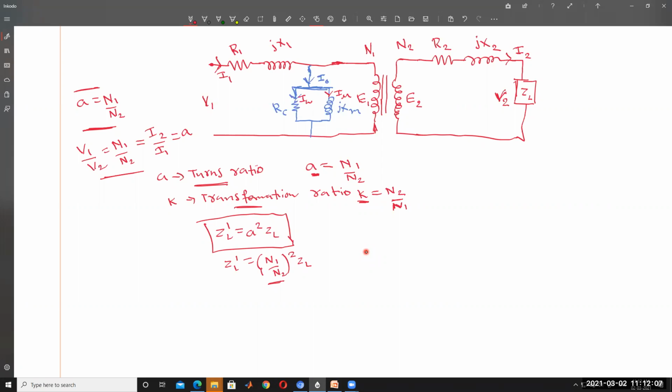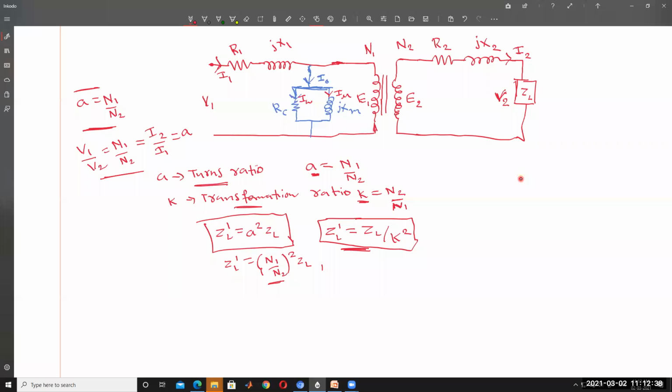So write it in terms of K also. That will become ZL dash is equal to ZL by K square. Am I right or not? K is nothing but the opposite, N2 by N1. So ZL dash is equal to ZL by K square.